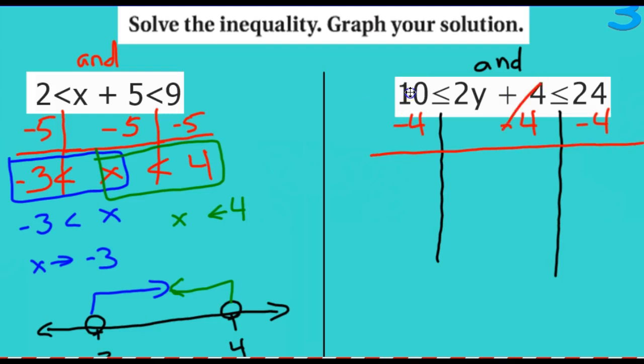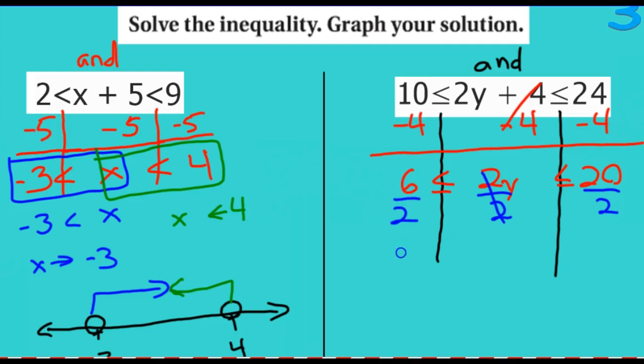So what we have left then is 10 minus 4, which is 6, is less than or equal to 2y, which is less than or equal to 20. Now y is still not by itself, so we have to divide by 2. When we divide in the middle, we have to divide everything on both sides.